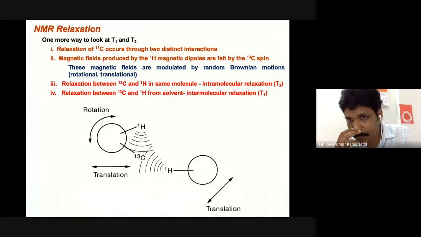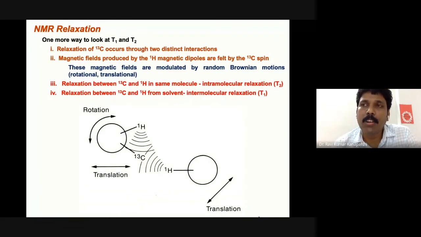If that is happening within a molecule, you can call it an intramolecular relaxation, that is T2. And suppose the 13C and a proton from the solvent are interacting. Such a process is broadly referred to as intermolecular relaxation, which is denoted with T1.